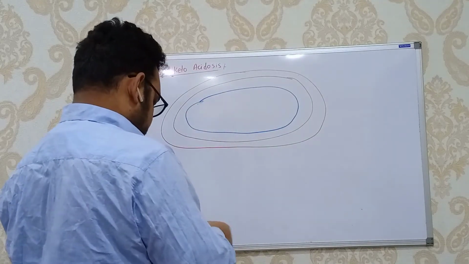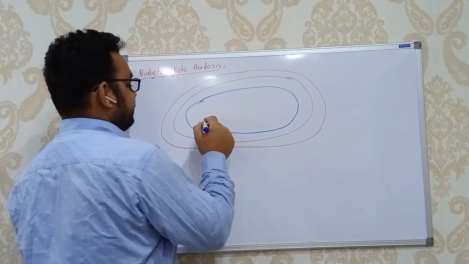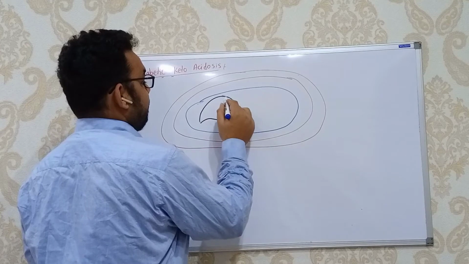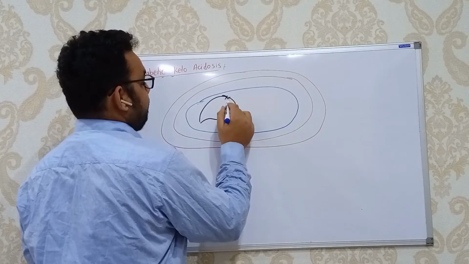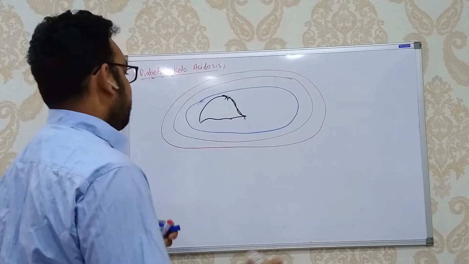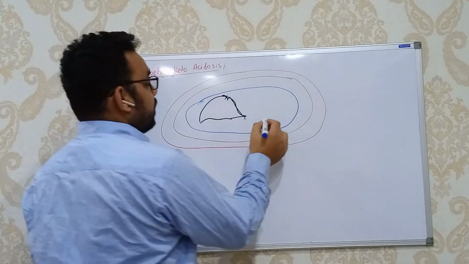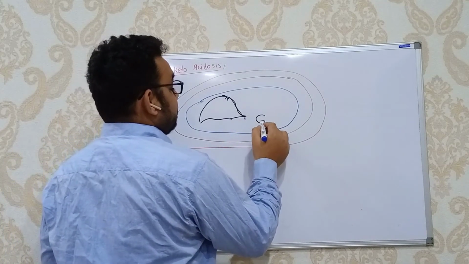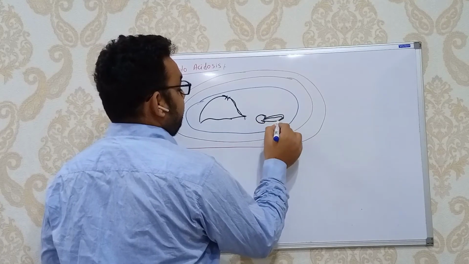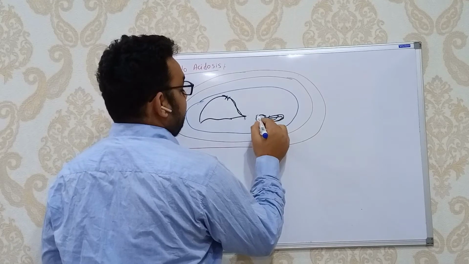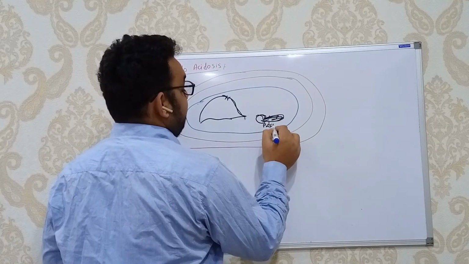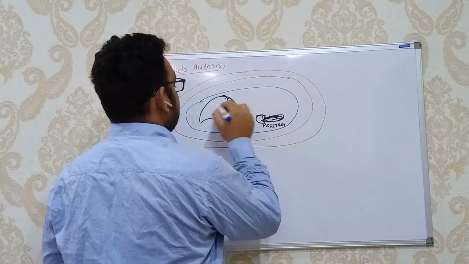And let's suppose, the drawing is not that good, but for understanding purposes I am drawing. So then we will see, let's suppose the pancreas. Here is the liver.